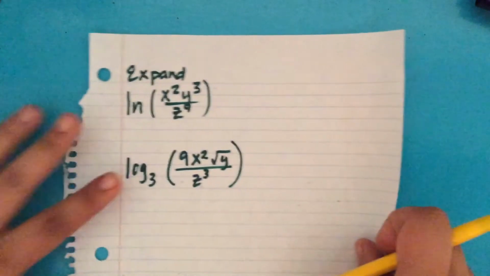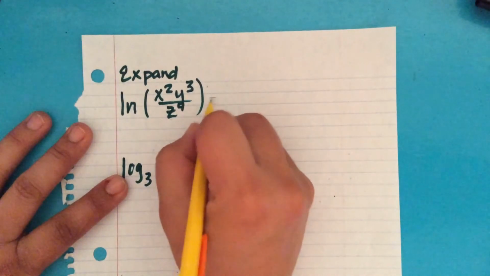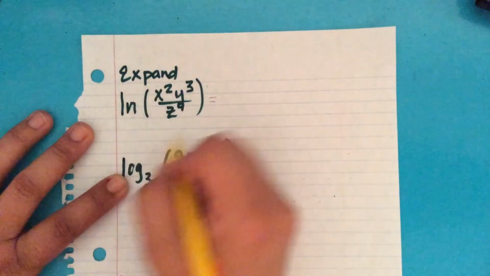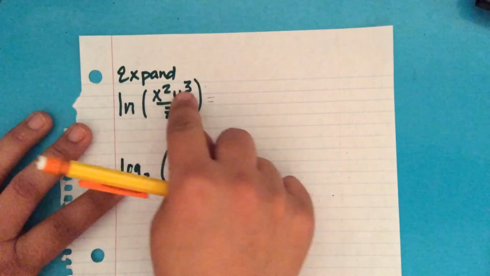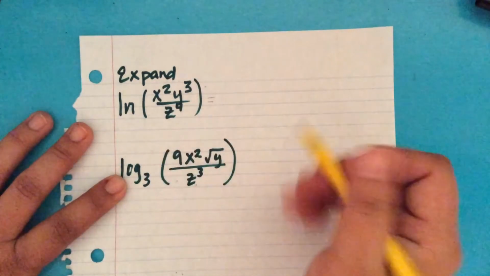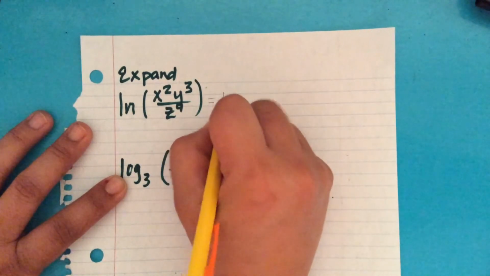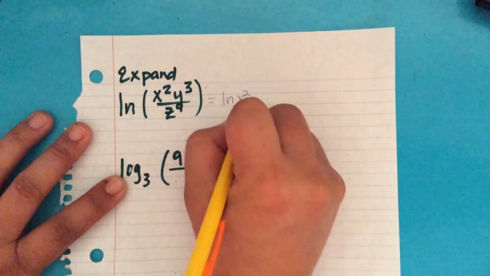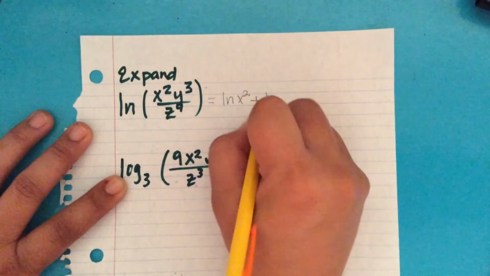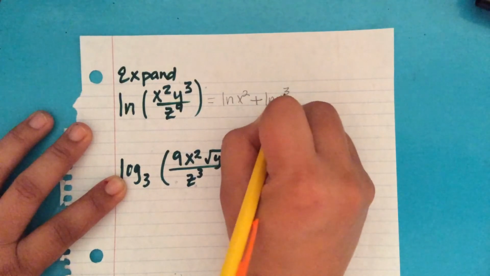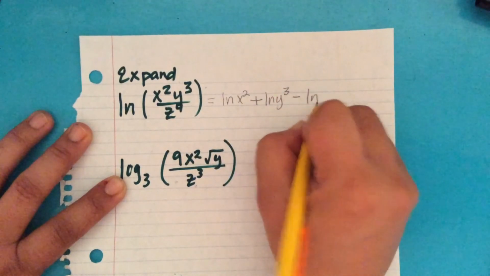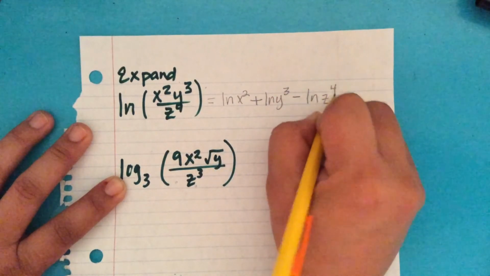Okay, we're going to do 2 more examples of expanding. So we have right here, this one, a combination of powers, multiplying and dividing. So first of all, I'm going to do natural log of x squared plus natural log of y cubed minus the natural log of z to the 4th.